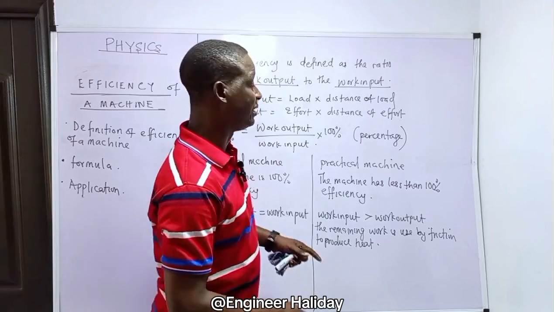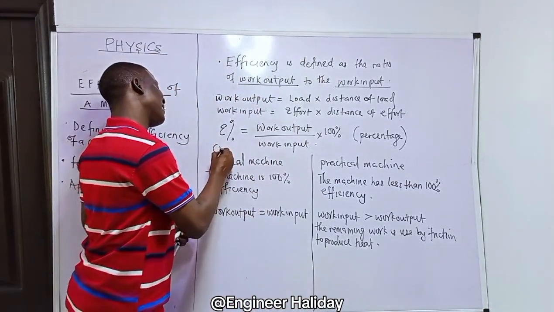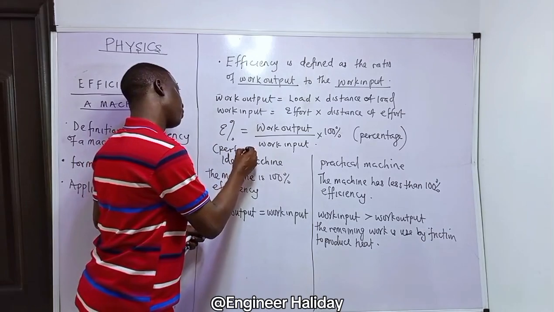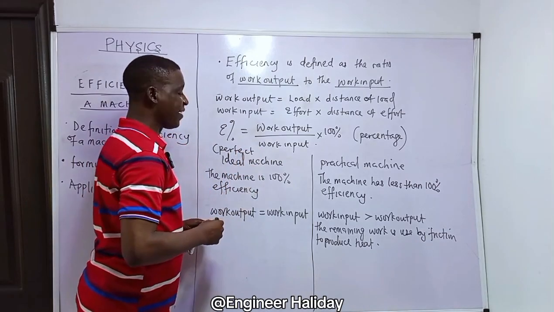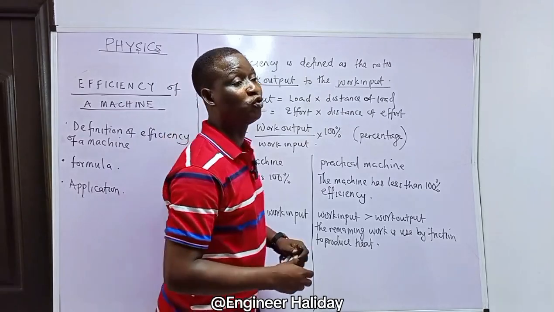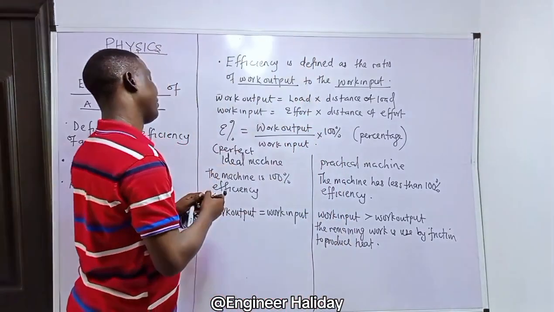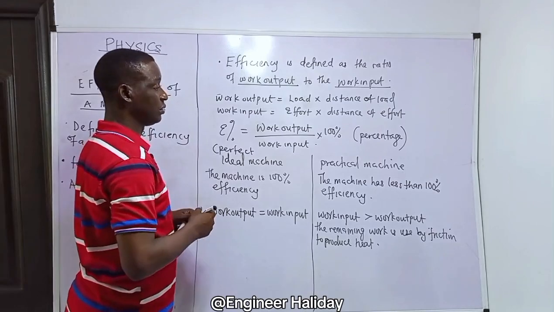There is no machine that can work at 100%. We call this one a perfect machine. A perfect machine is a machine that operates at 100% and doesn't lose energy. That's what we call a perfect machine or an ideal machine.